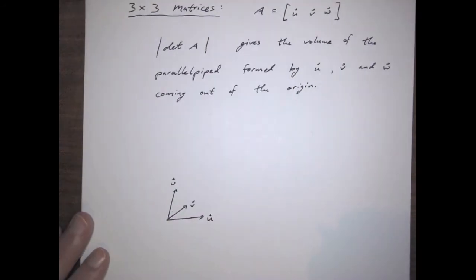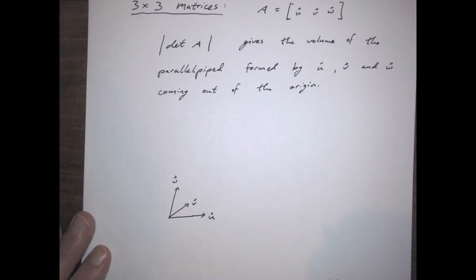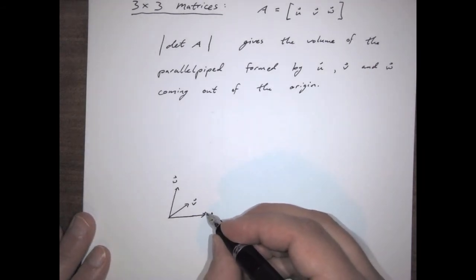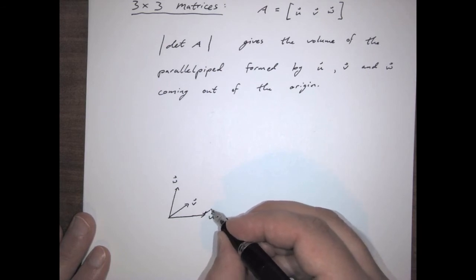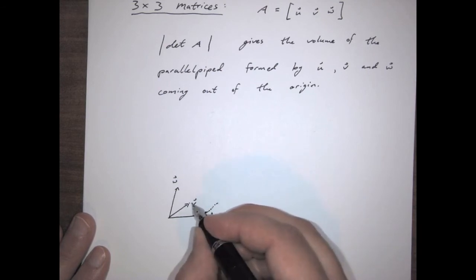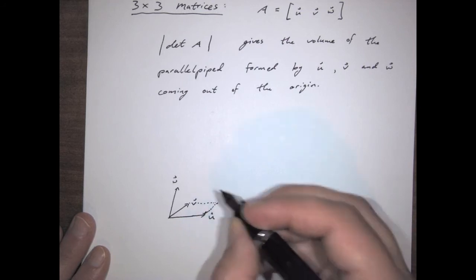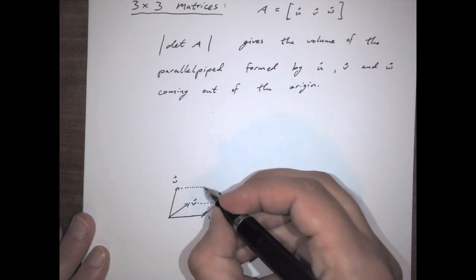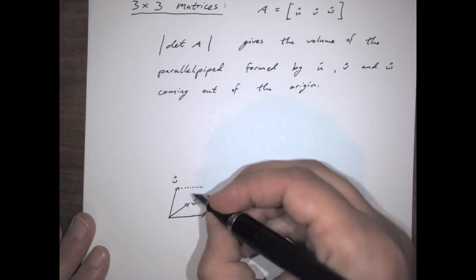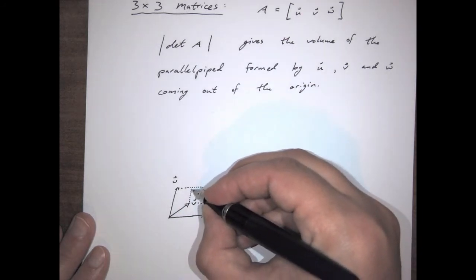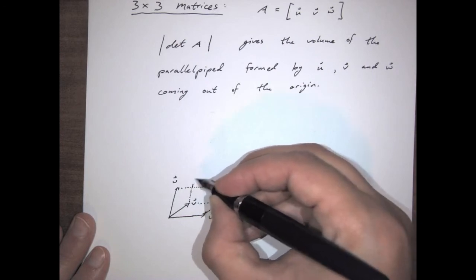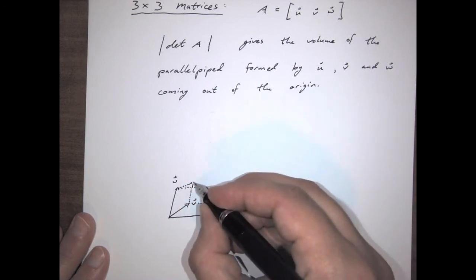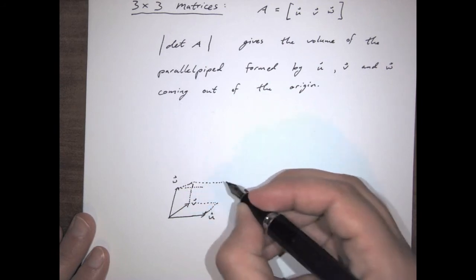We just want a general picture here. So then the parallelepiped that we'd be talking about would be the one formed just by continuing each of these vectors in each of these ways.